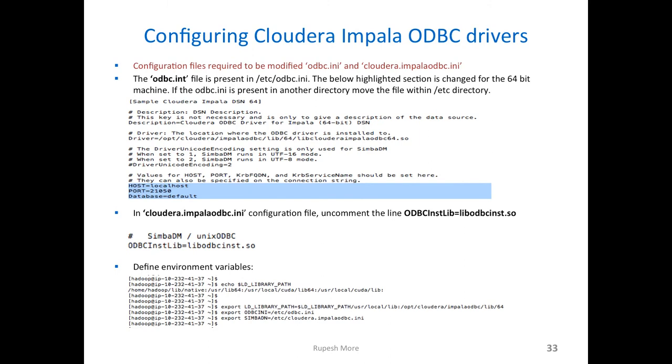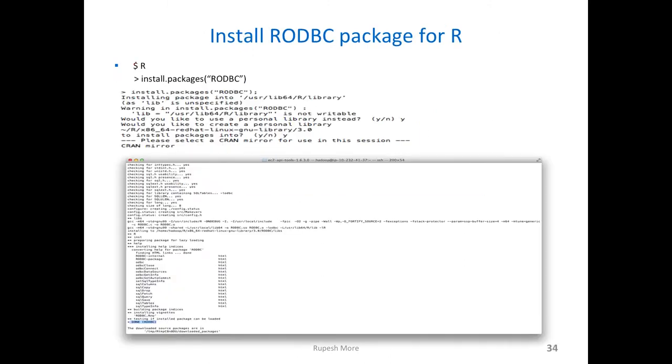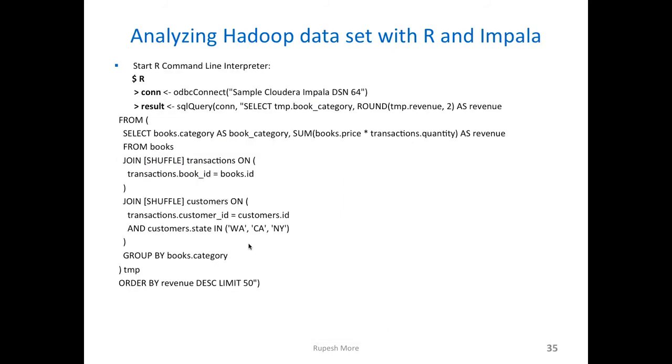Next, we will see the install of our ODBC package for R. So once you connect to R, you can install the R ODBC packages within R. Now, next we will analyze the Hadoop dataset with R and Impala. Once we connect to R, this is the connect string, the ODBC connect.